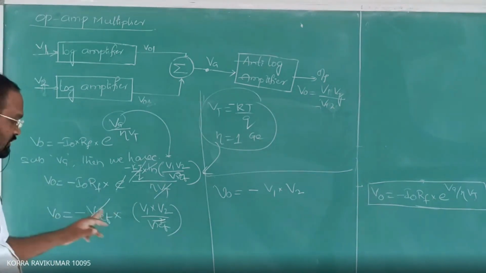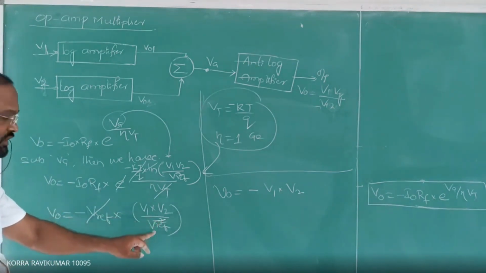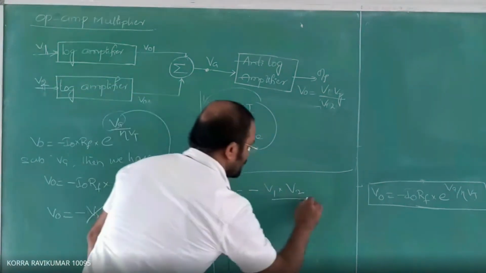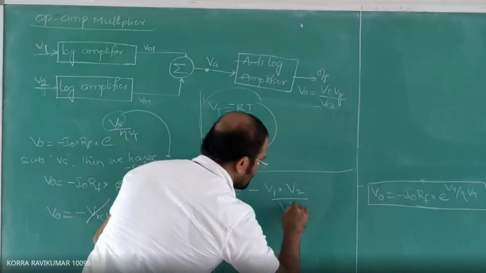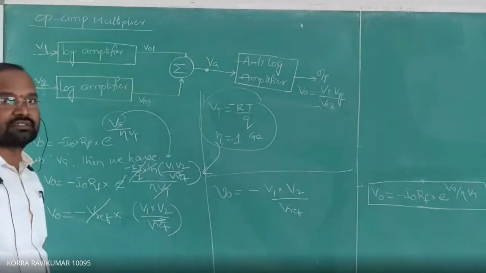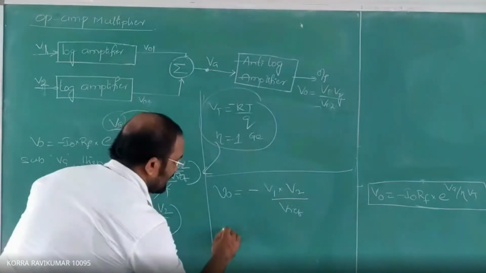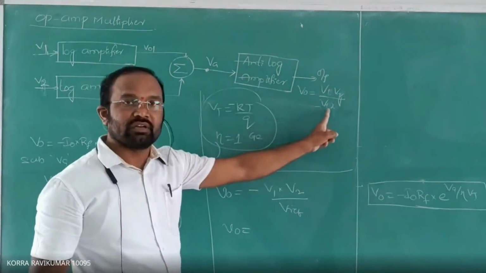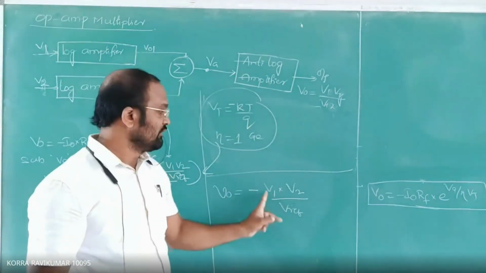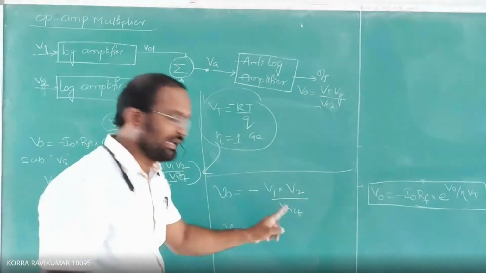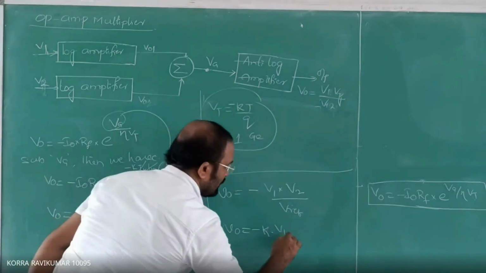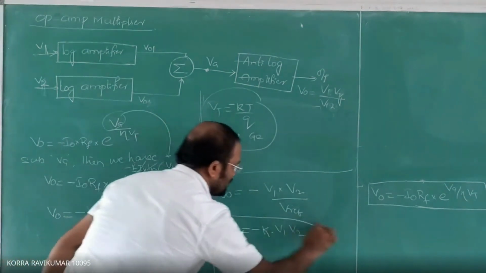One V reference goes out. One more V reference is there because V reference square is there here. V reference square will go out. So I can rewrite it as V naught is equal to minus K into V1 V2. This is the final output.